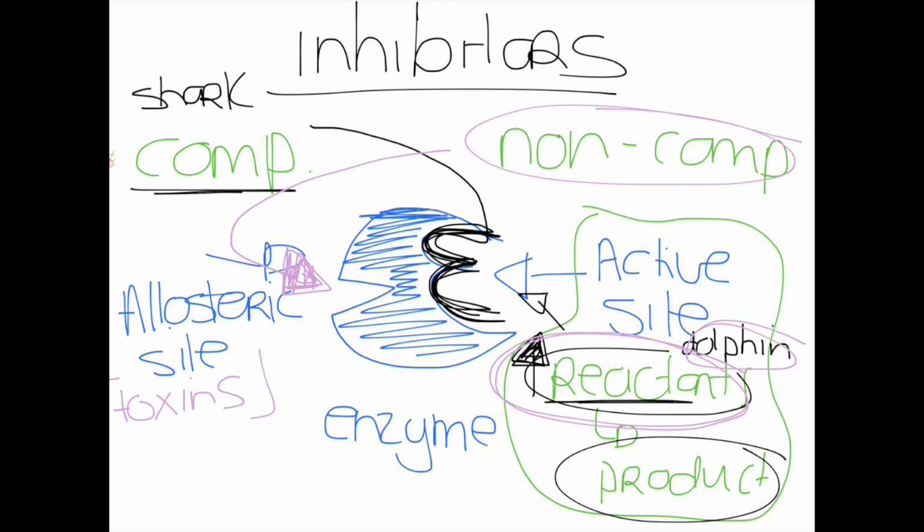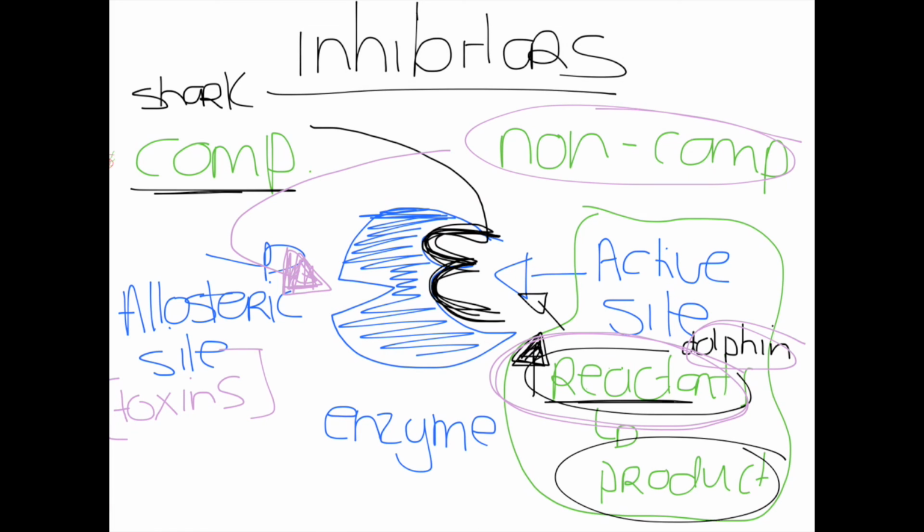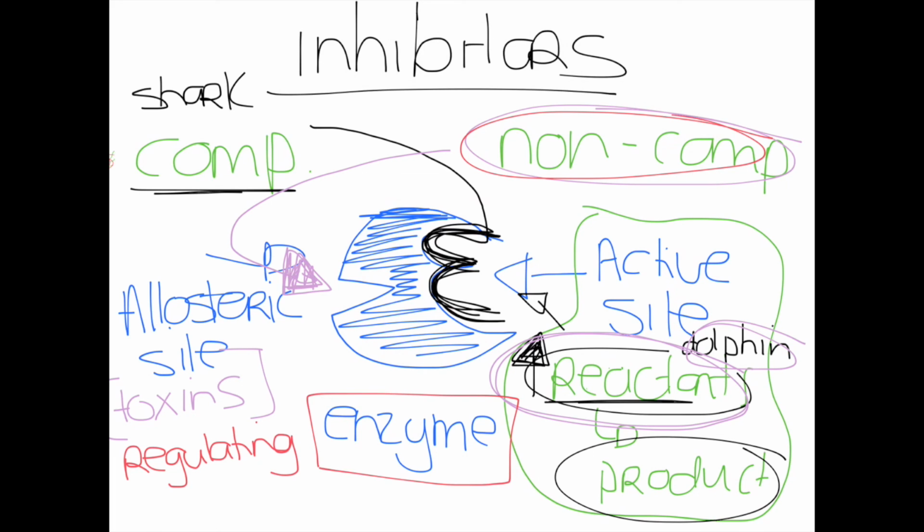Sometimes we do have naturally occurring non-competitive inhibitors within our body to assist in regulating certain things. But in order to get the non-competitive inhibitor out, generally there will be an enzyme that binds to it and breaks it down.